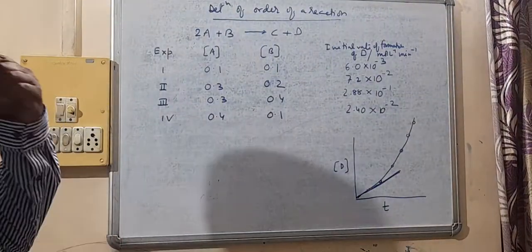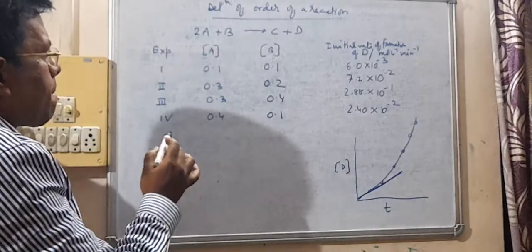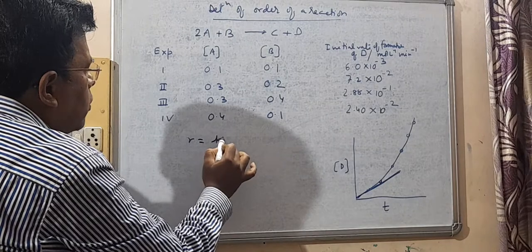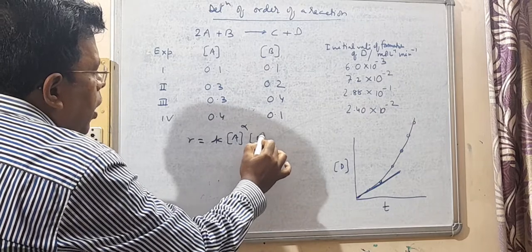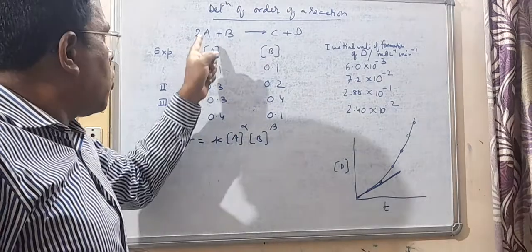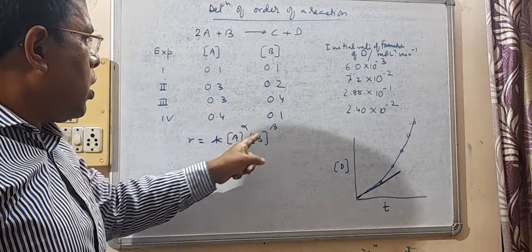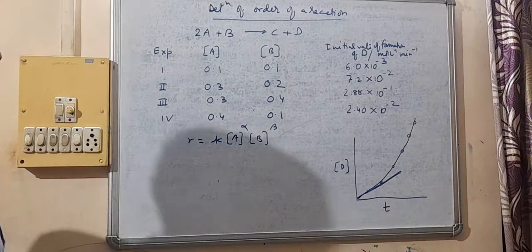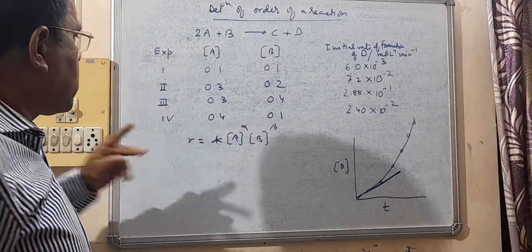Now suppose the rate law expression for this reaction is R is equal to K A to the power alpha B to the power beta. So it means it is alpha order with respect to A and beta order with respect to B. We can write 4 equations based on 4 experiments.